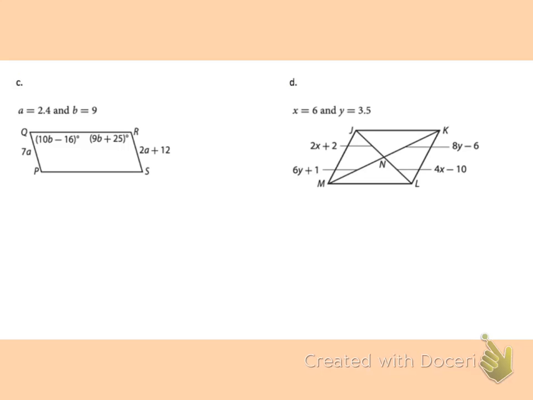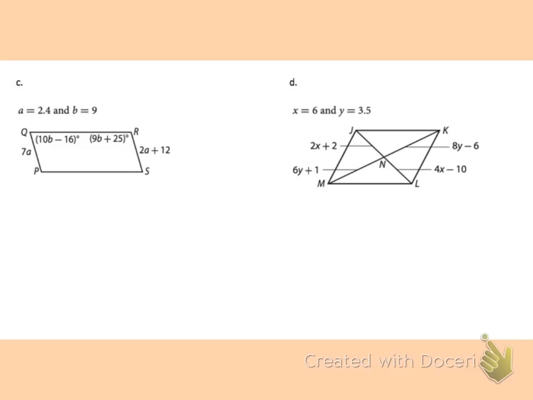So let's wrap it up with looking at a few more of these possible conditions that could be met to make sure something is a parallelogram. So first of all, in C, I have to identify the variables that are given as 2.4 for A, and B is 9. So anywhere I see an A, I'm going to put 2.4 in.